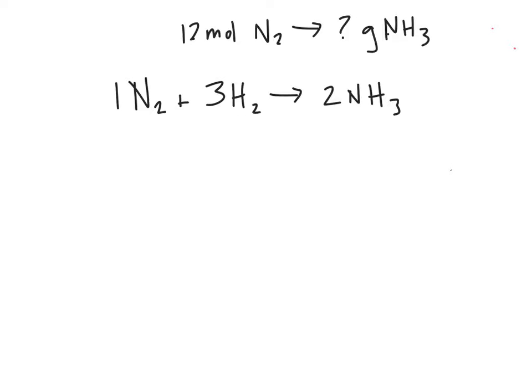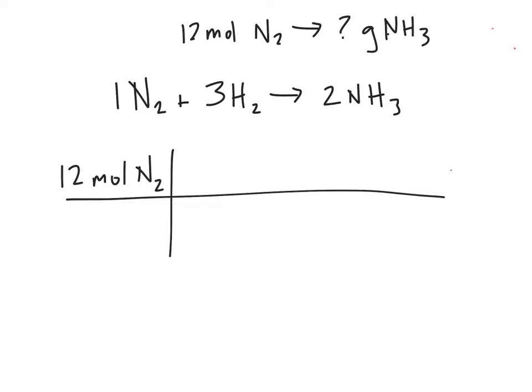Okay, so I'm going to start with what's given to me. I'm given 12 moles of nitrogen. All right, so I'm going to bring down my units, moles of nitrogen. And the only thing that moles of nitrogen can convert to is either grams of nitrogen or moles of what I'm searching for. So in this case, I want to convert to ammonia, NH3.